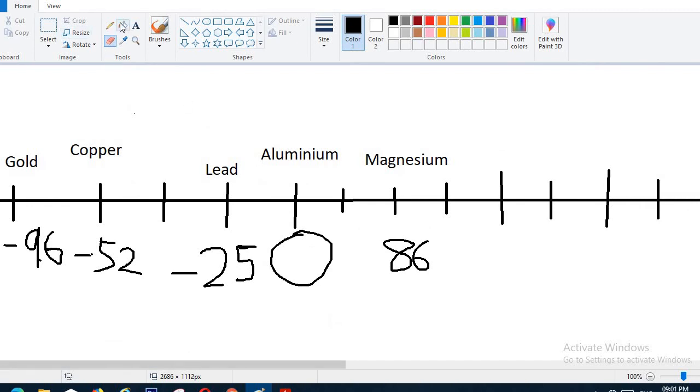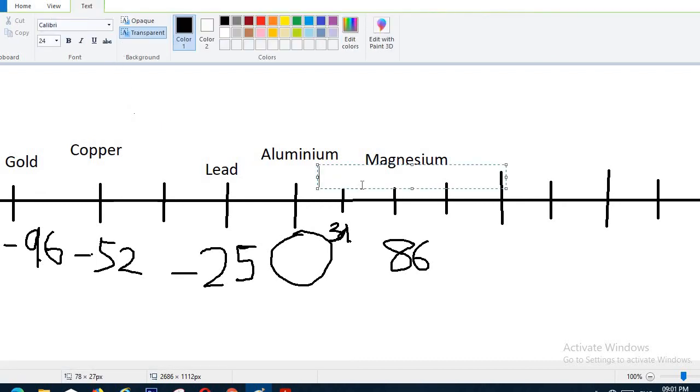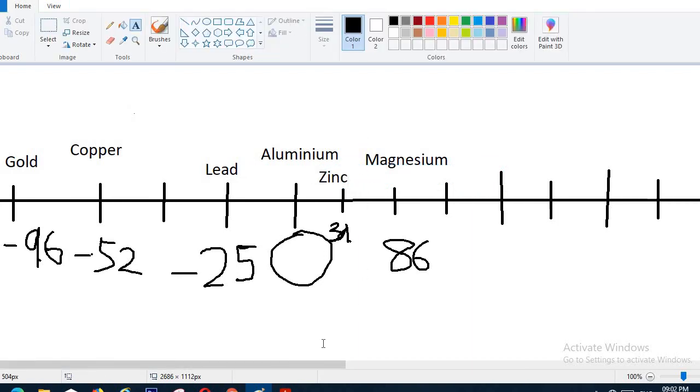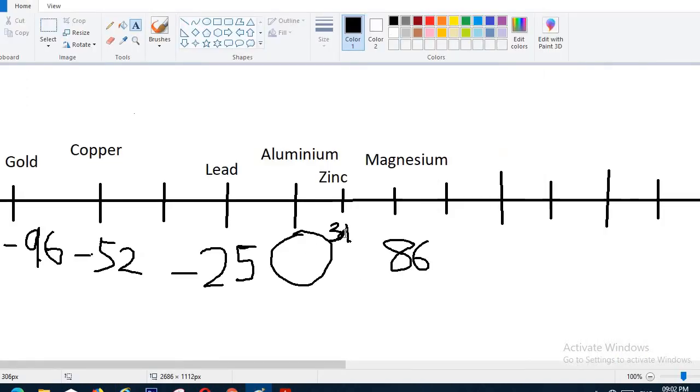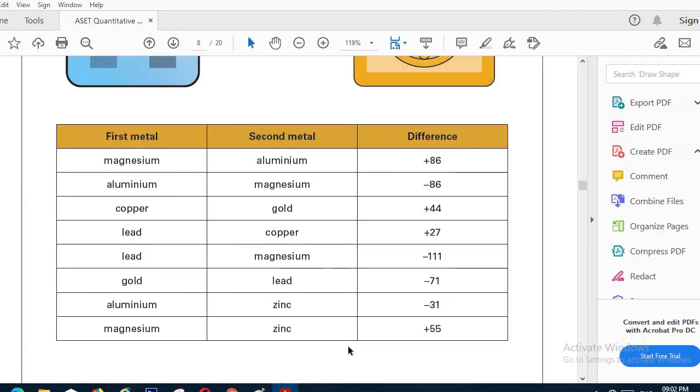So let's suppose this is 31 and this is zinc. Now when you subtract aluminium minus zinc, aluminium 0 minus zinc 31, that will give you minus 31.